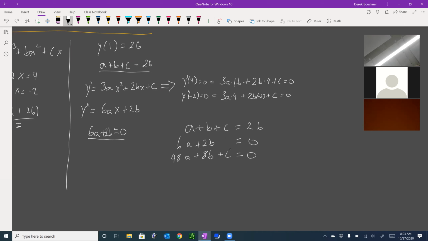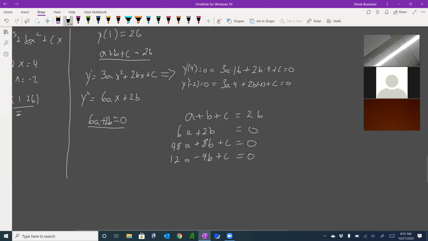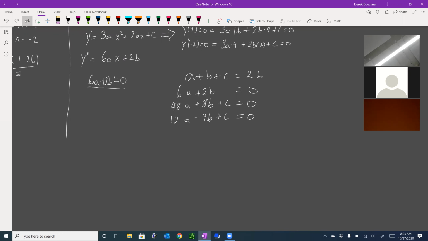And I've got 12a minus 4b plus c equals 0. I'm going to try and solve for a and b first.